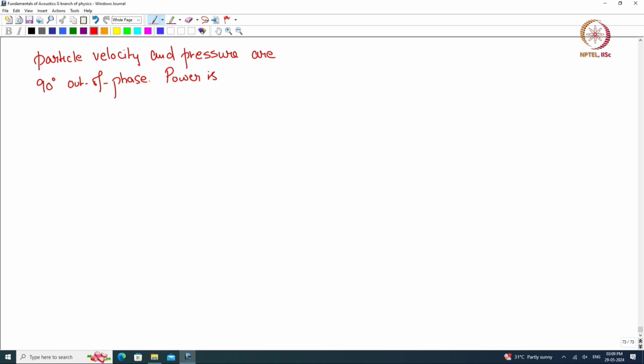So, particle velocity and pressure are 90 degrees out of phase. When that happens, power is not efficiently carried, power is not transmitted efficiently.